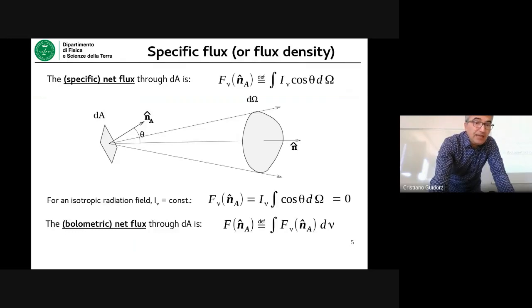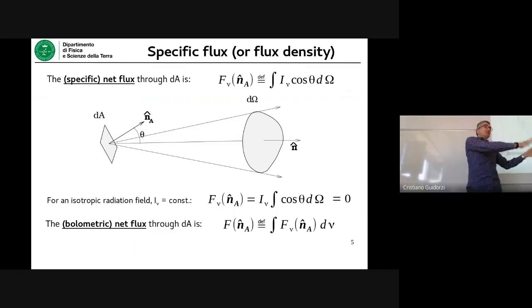Having defined the net flux, or better, the specific net flux, again, whenever you've got something specific, you can define the corresponding volumetric quantity. And I remind you, volumetric means that you are integrating over frequency. So much in the same way as we defined the specific net flux, you can define the volumetric net flux, in which what you do in addition is just to integrate over frequency.